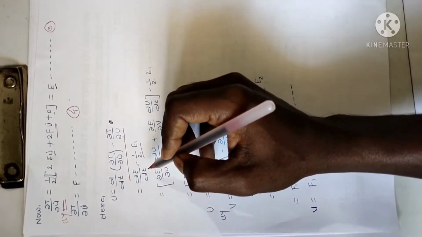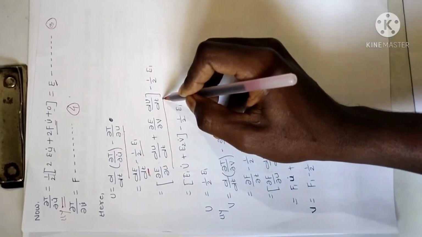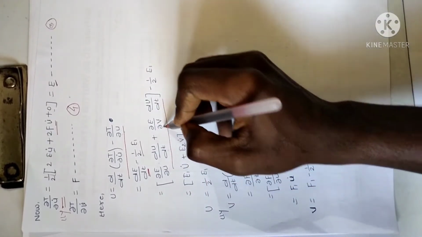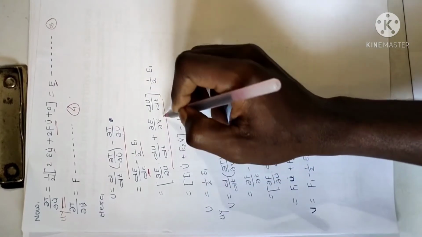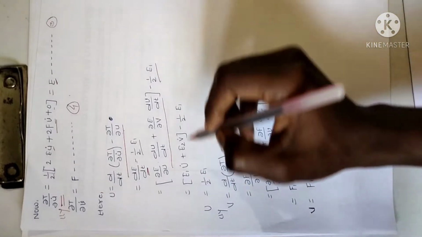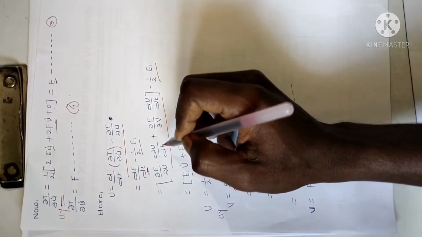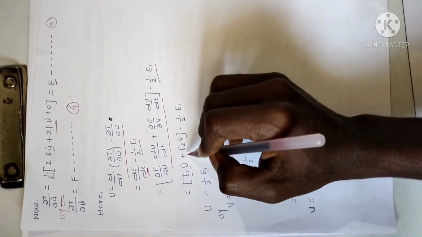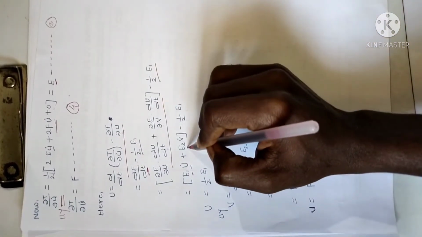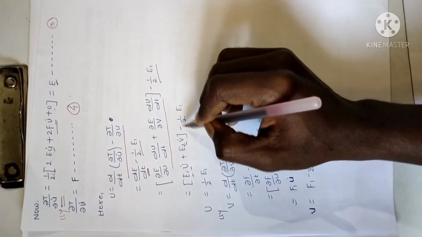Again we write d/dt by applying the chain rule: ∂E/∂u into du/dt plus ∂E/∂v into dv/dt, minus 1/2 E1. The value of ∂E/∂u is capital E1 and du/dt means u dot. Next, plus ∂E/∂v means E2, and dv/dt means v dot, and similarly minus 1/2 E1.